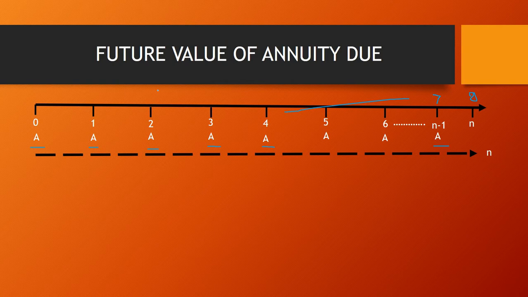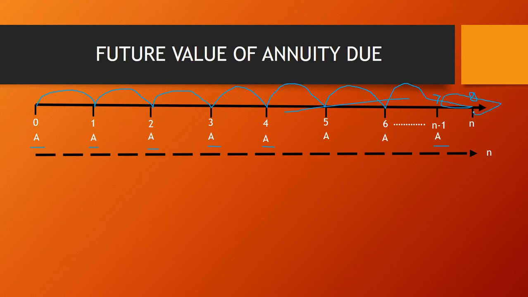Now over here in our example, if our term is 8 years, let's count. Your 1 year will complete at the end of 1 year, your second year, your third year, your fourth year, fifth year, sixth year, seventh year and your 8th year.